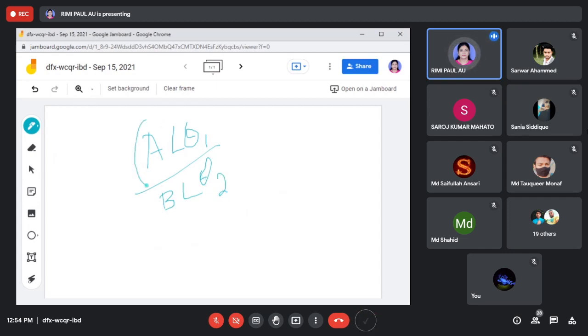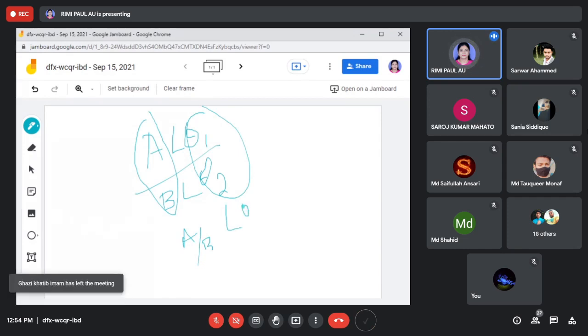You will divide these two magnitudes and take the difference of these two angles. That means the answer is A by B angle theta 1 minus theta 2. So this is our two polar forms.